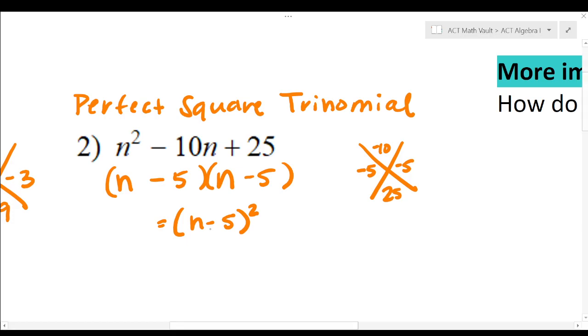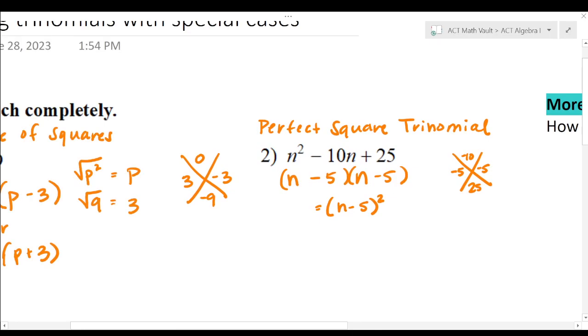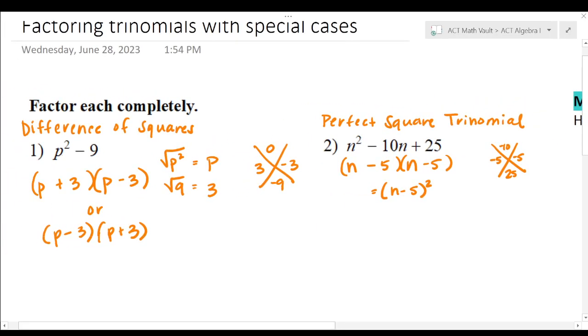So we have to think of this n minus 5 squared as the product of 2 just n minus 5s. So it's called a perfect square trinomial because you have that same binomial twice, and it's a perfect square altogether, because when you multiply it out, then it would become a perfect square.